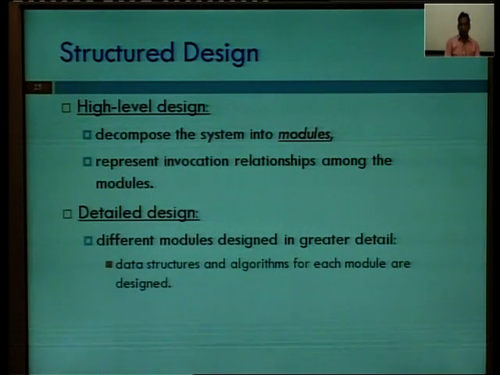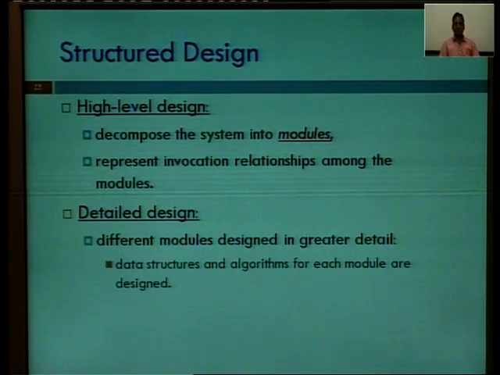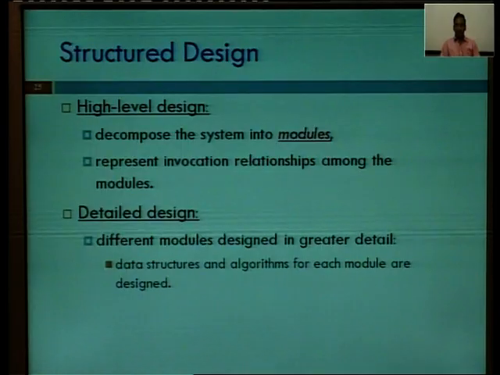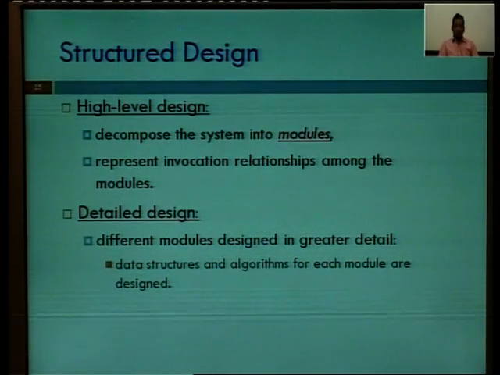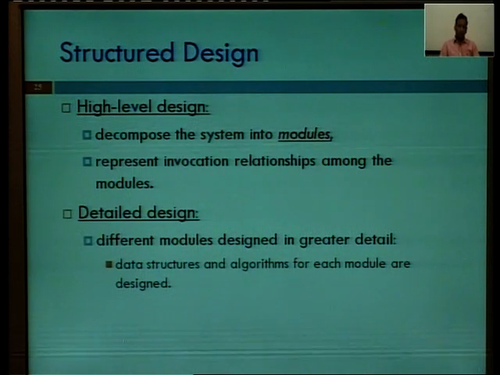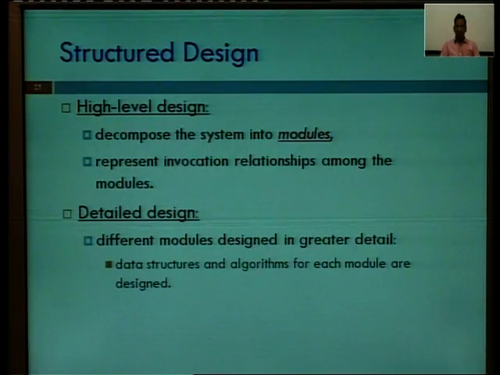Then we represent the relationship between these modules. After decomposing the system into modules, we specify the relationship among the different modules. There are two different measures for specifying the relationship between the modules: cohesion and coupling.